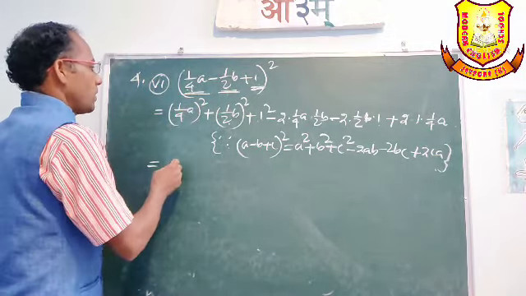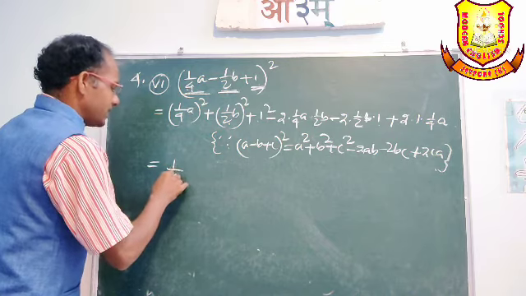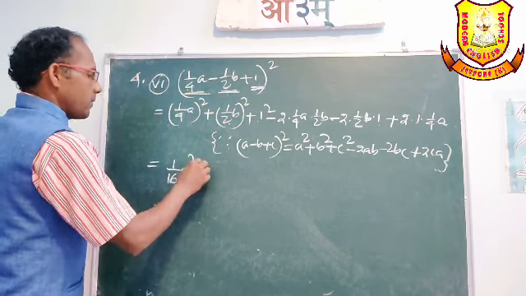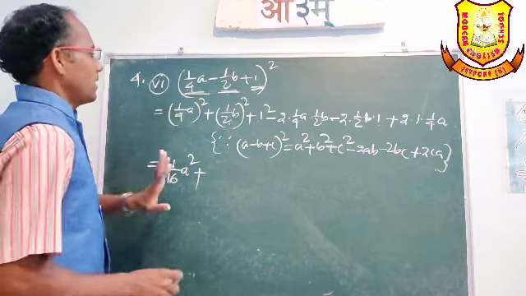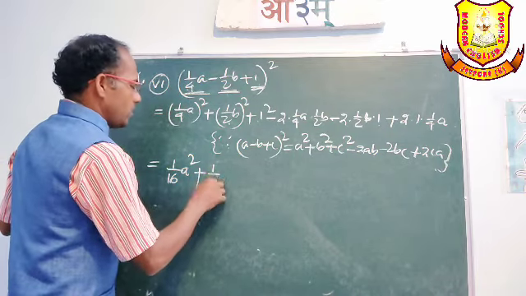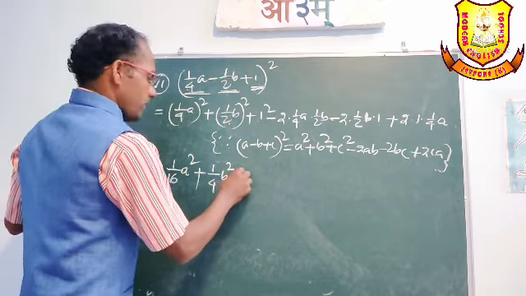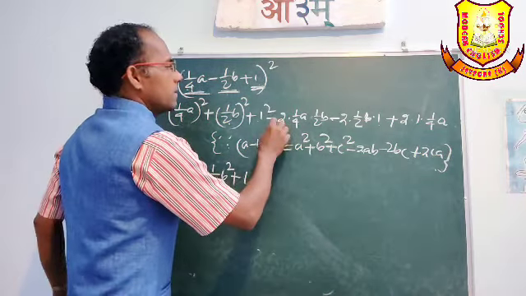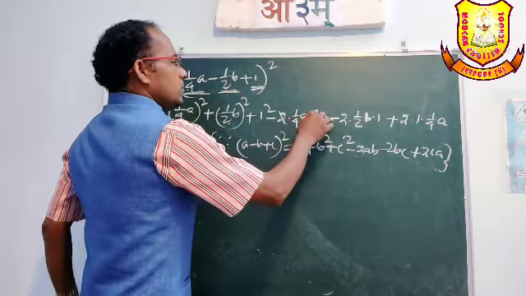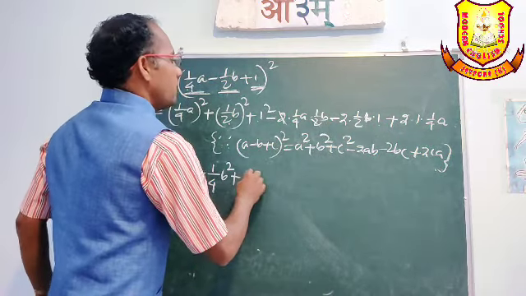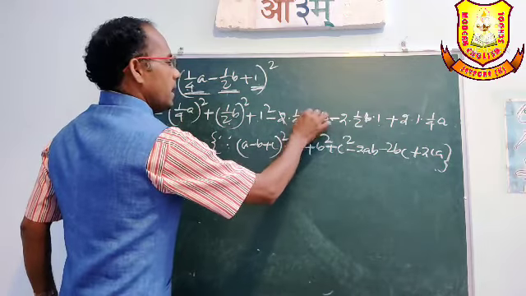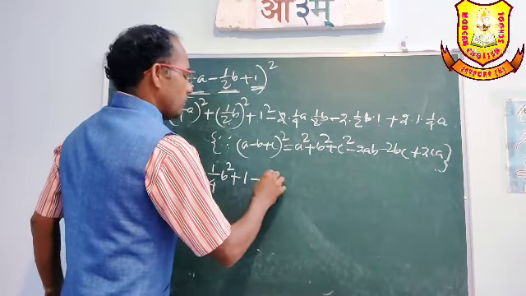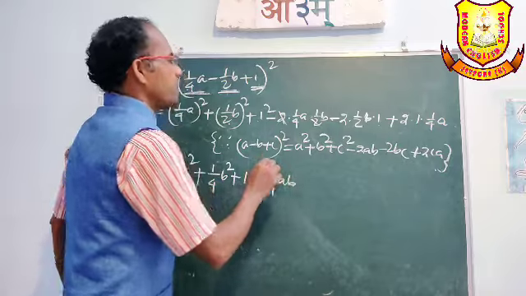So (1/4a) whole square is 1/16 a square, plus 1 square equals 1, 4 square equals 16. In the same way, (1/2b) square is 1/4 b square, plus 1. Here the 2 cancels, this is minus 1/4 ab.